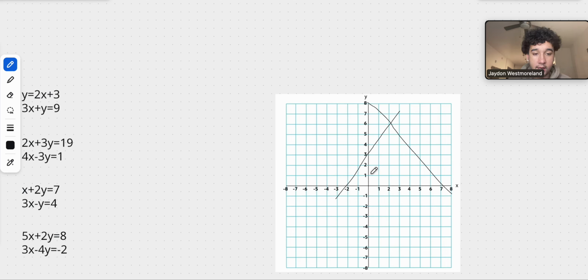If I was to guess, I would say this is y equals 3 halves x plus 3. And then y equals negative x plus 8. Again, not perfect. Obviously, my lines are drawn horribly, but this is what it looks like, right?